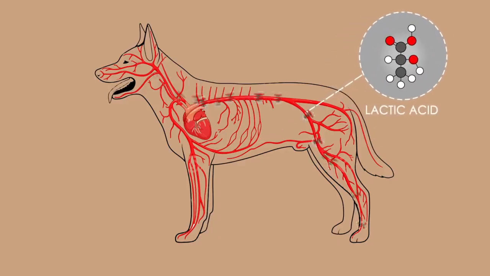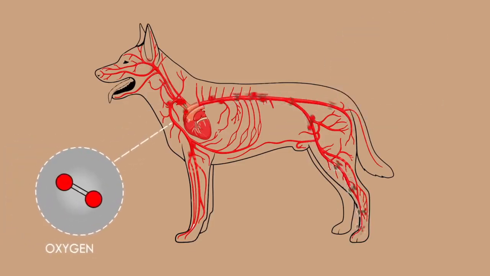Another problem is that lactic acid is produced. This is actually a poisonous chemical that, if it builds up in the body, the muscle stops working and you get a muscle cramp. You can only get rid of lactic acid by taking in oxygen again. Oxygen is needed to break down lactic acid, turning it into carbon dioxide and water.